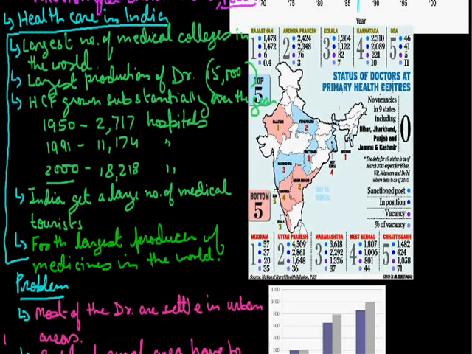Also, we can see the status of doctors at primary health centers in India. We see good conditions in these five states: Rajasthan, Andhra Pradesh, Kerala, Karnataka, and Goa, where most sanctioned posts are filled.